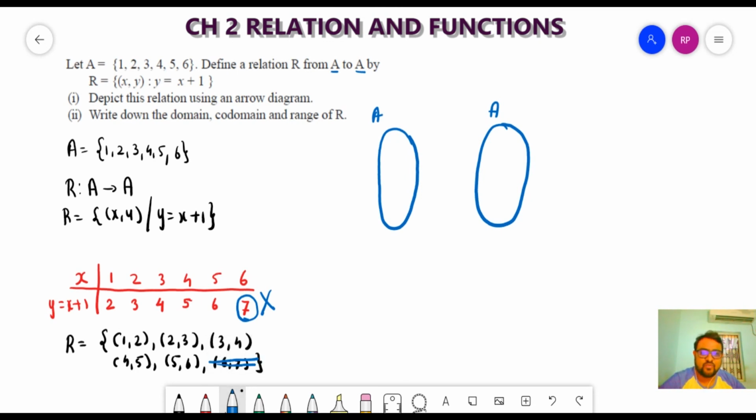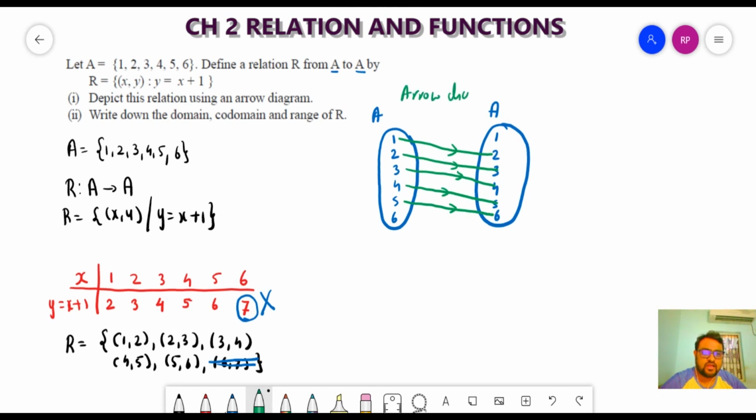So let me write down here 1, 2, 3, 4, 5, 6 and 1, 2, 3, 4, 5 and 6. Clear? Now what is the relation of 1? 1 is related to 2. 2 is related to 3. 3 is related to 4. 4 is related to 5 and 5 is related to 6. This is the arrow diagram of this relation. Clear? Okay.